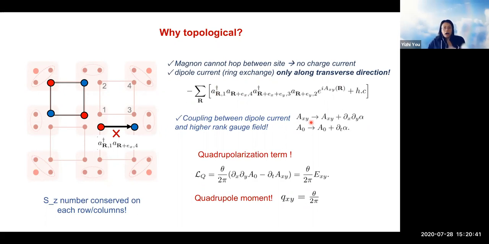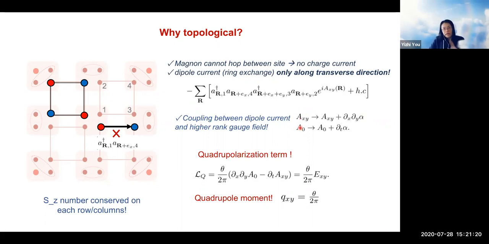If we impose an arbitrary phase shift for all of the bosons on any site, in order to make this minimal coupling gauge invariant, the gauge transformation for this rank 2 gauge field A_xy is that A_xy can be shifted by ∂x∂y α, where α is a smooth function. And in the meantime, because the charge density operator is always allowed, we should have a time component A_0 term, which will minimally couple with the hard-core boson charge density. So these are the only two gauge potential terms we can write down.